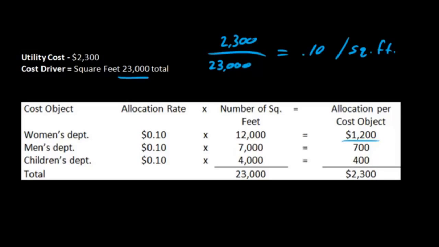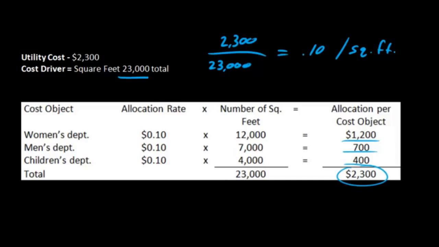So the women's department, at 10 cents, will take up 12,000 square feet, and they're going to be allocated $1,200 of the $2,300 utility cost. The men's department will take up 7,000 square feet, so they're going to be allocated $700. And the children's department is taking up 4,000 square feet, so they'll be allocated $400.